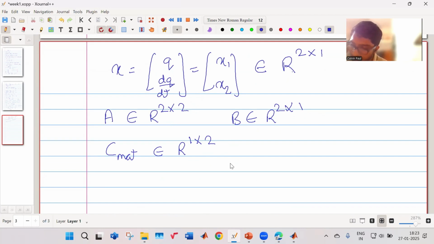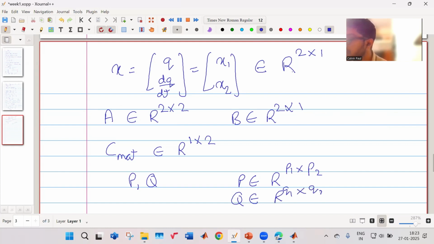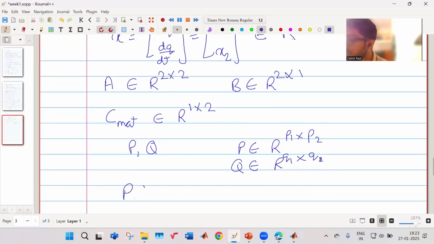And you guys know, right, that we can only multiply matrices under a condition. Suppose we have matrices P and Q, and P belongs to R P1 cross P2, and Q belongs to R Q1 cross Q2. Then we can multiply P and Q only when my P2 is equal to Q1. Okay.